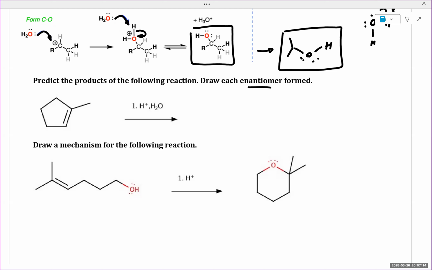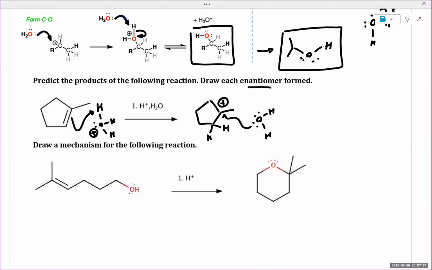So first and foremost, if I have H3O plus floating around, we're going to protonate the alkene. That means we're going to get the carbocation at the most substituted position. From here, water is going to attack.